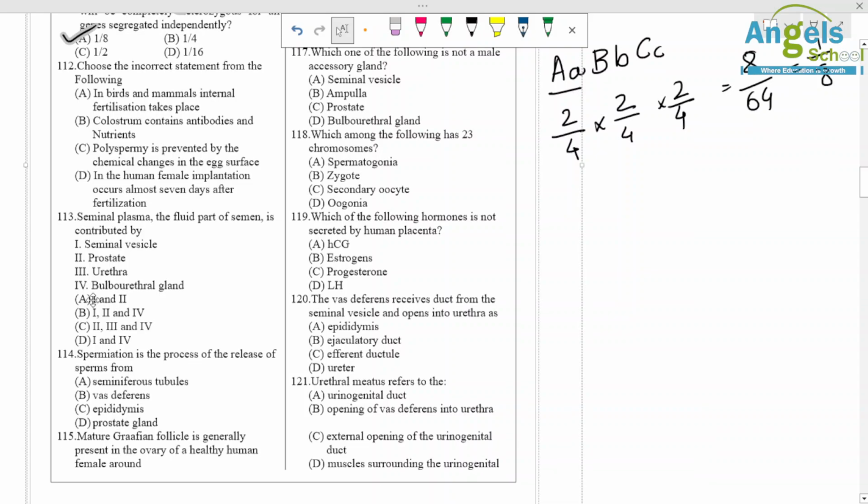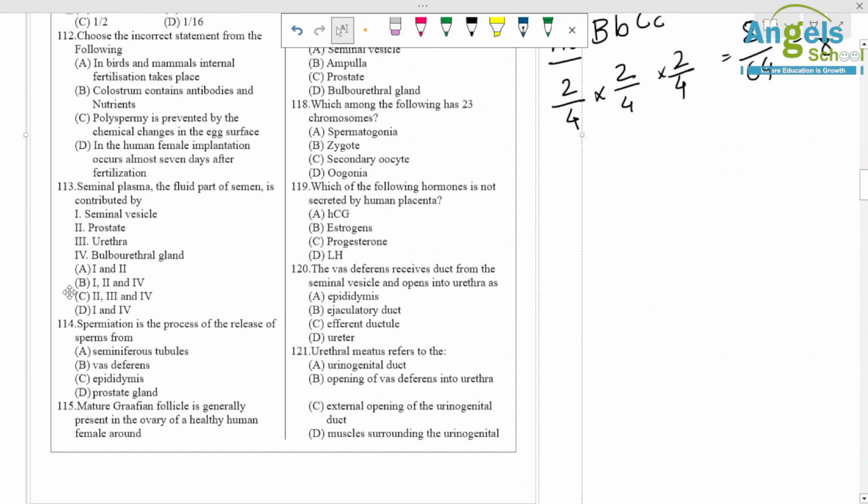Okay, question number 113. Seminal plasma, the fluid part of semen, is contributed by, of course, seminal vesicle, prostate, and urethra has no role in this, and of course, fluid of bulbourethral.